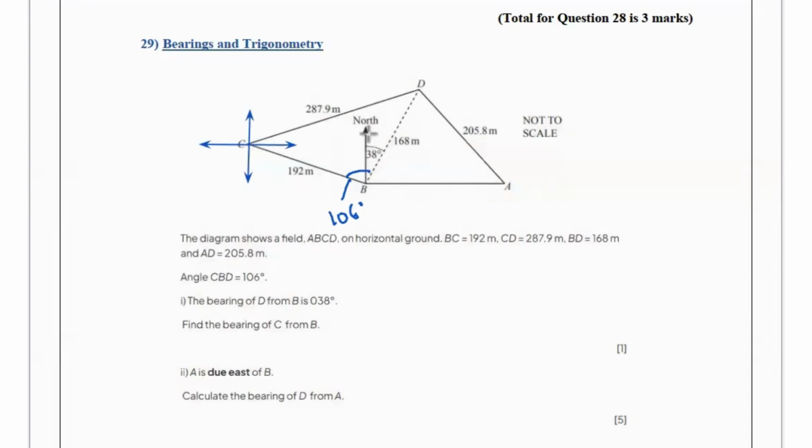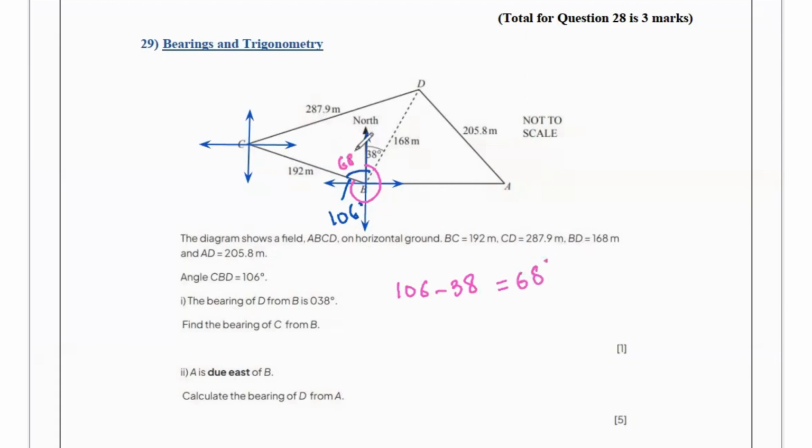We draw our compasses at B and C to find the bearing of C from B. That's basically this angle. So we simply subtract 38 from 106 first, and then subtract that value from 360. So 106 minus 38 gives us this remaining blue angle, 68 degrees.